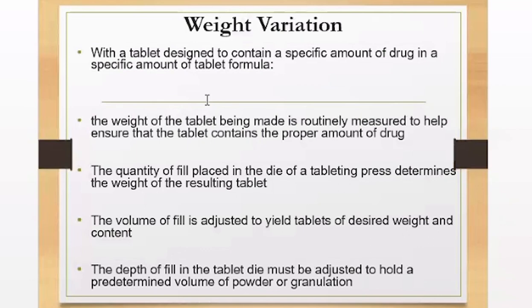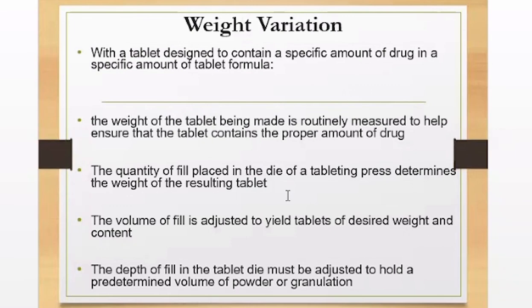So I want us to look at the next parameter that you must assess. We look at weight variation. The weight of the tablet also indicates how much of the active ingredient is likely to be in that tablet.